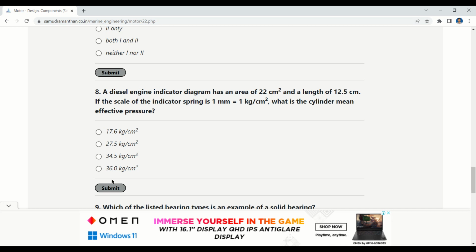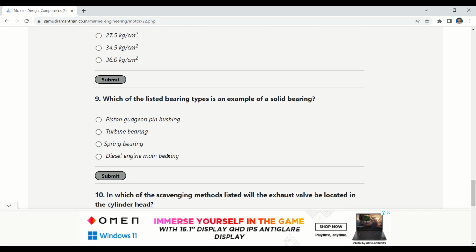So 22 divided by 12.5 equals 1.76 centimeter. We will convert it into millimeter, so it will be 17.6, and 1 millimeter equals 1 kg per centimeter square, so 17.6 millimeter equals 17.6 kg per centimeter square will be the correct option.